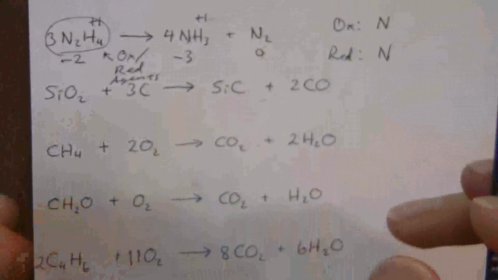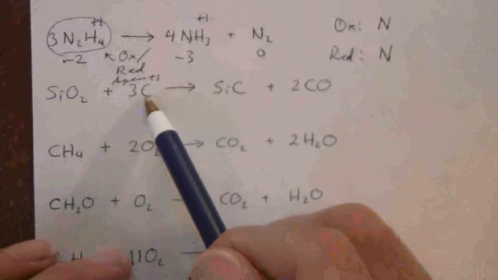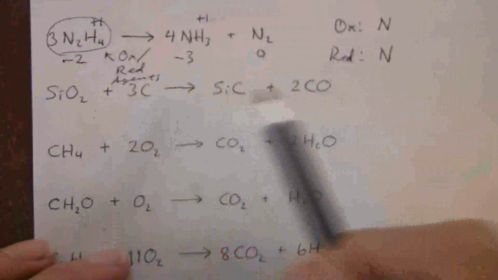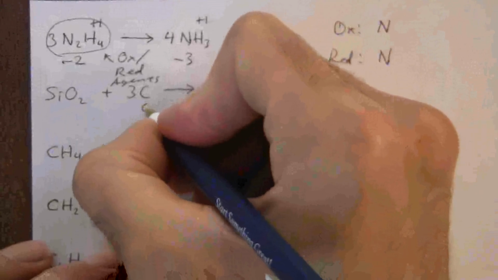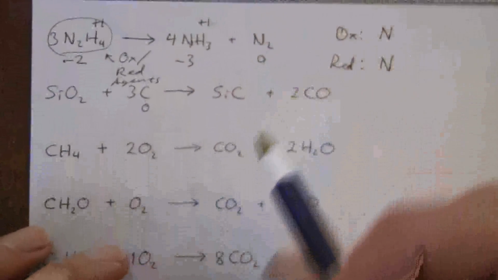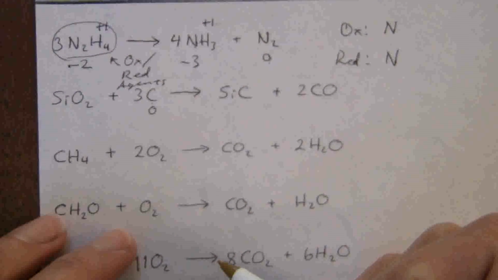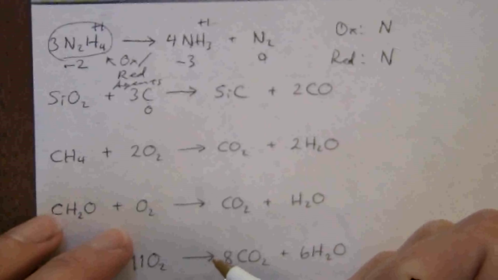and we ask ourselves, is this a redox reaction? We have carbon in its elemental form here and in a compound over here, so we know, yes, indeed, it is a redox reaction. So let's look at this and determine what the oxidation numbers are.